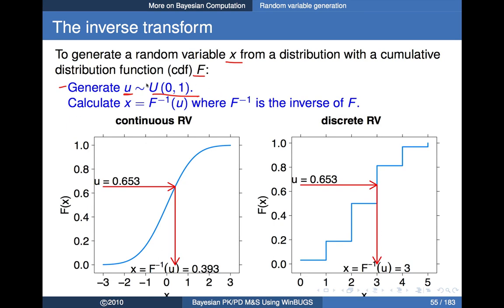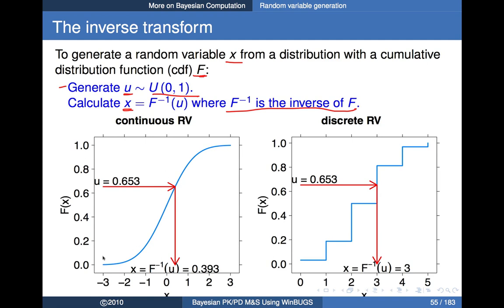And then in order to get a random variable x, which is distributed according to the distribution I'm actually interested in, I have to construct an inverse of F. Let's use this picture to describe this in the continuous case. Let's say I've got some distribution, I know its cumulative distribution function, and I've described it right here with this blue curve.